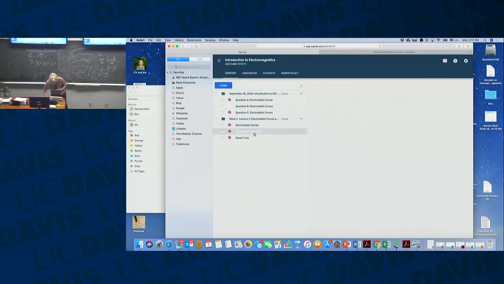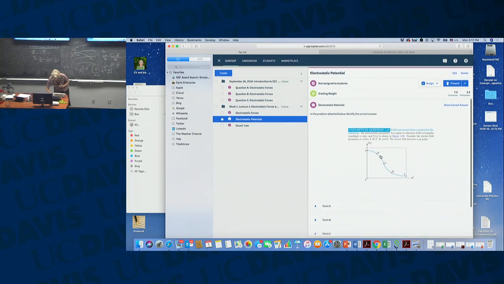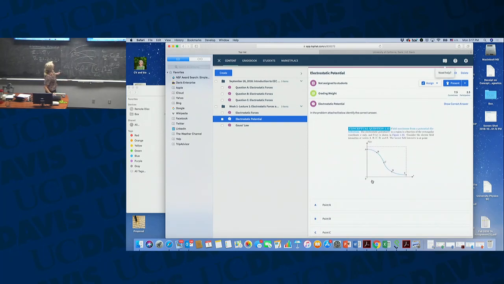All right, so let's go to this problem. It gives a potential function, and then it wants us to find out at what point we have the largest field intensity along this line.